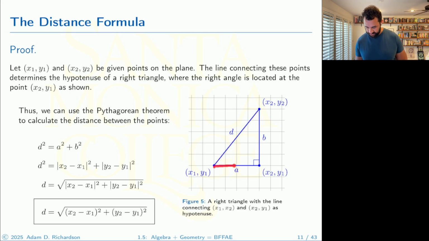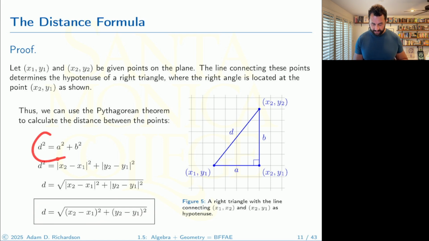Because you could just go this way, and now you've got a right triangle, just like that. Because this is a right triangle, we can use the Pythagorean theorem to find the length of this hypotenuse. And the length of that hypotenuse is equal to the distance between those 2 points. That's the idea. So the Pythagorean theorem and the distance formula are one and the same.